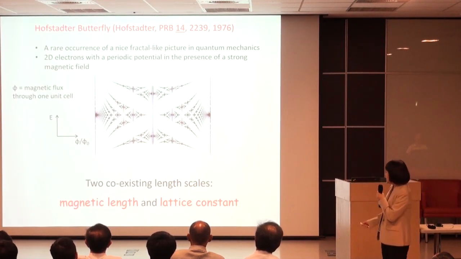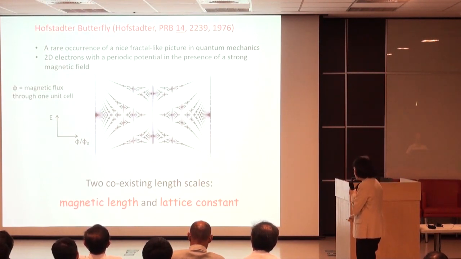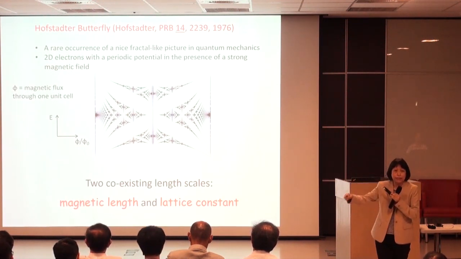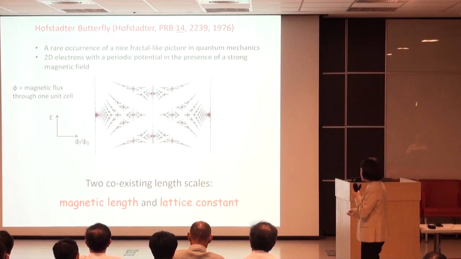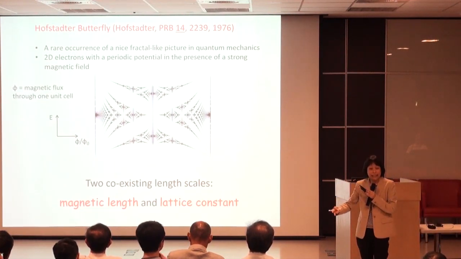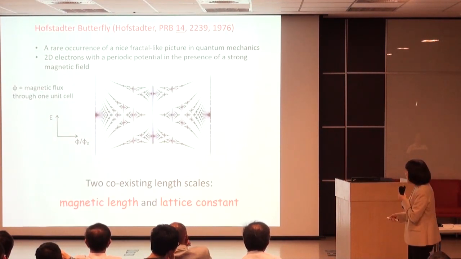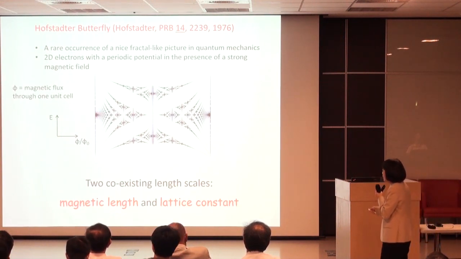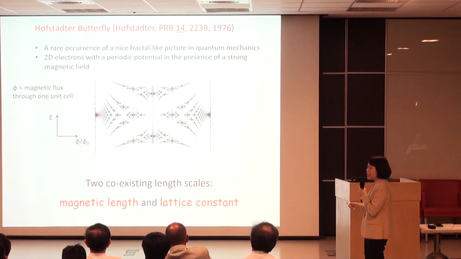What this says is that if you put in the periodicity, then we're going to have two competing coexisting length scales here. One is the magnetic length, that's roughly the radius of the cyclotron motion. And then you also have a lattice constant. So the electron will have to balance these two length scales, and then the energy versus magnetic field will show a very complicated fractal-like picture. So this is a very real situation.